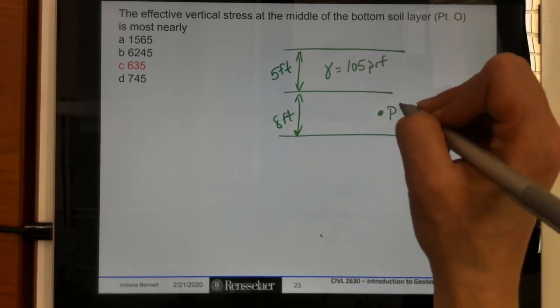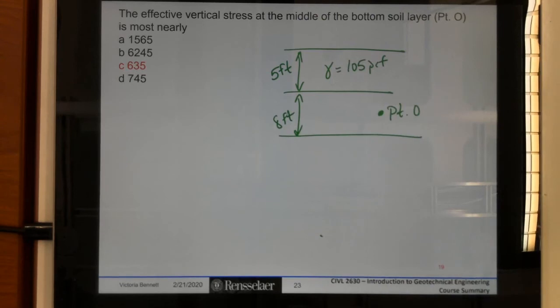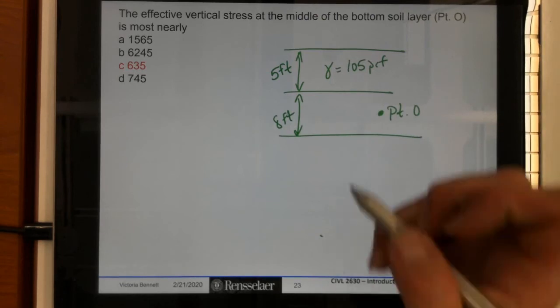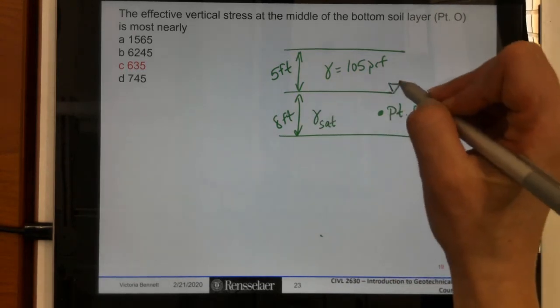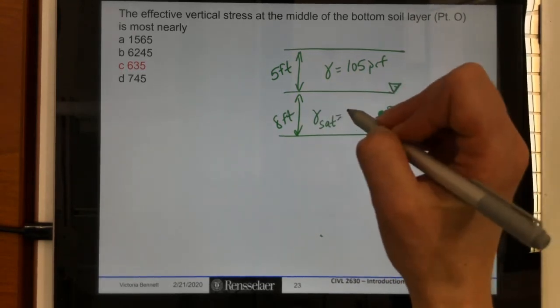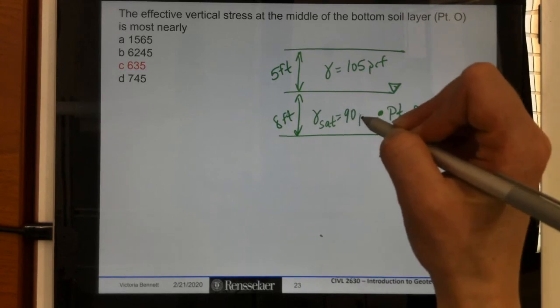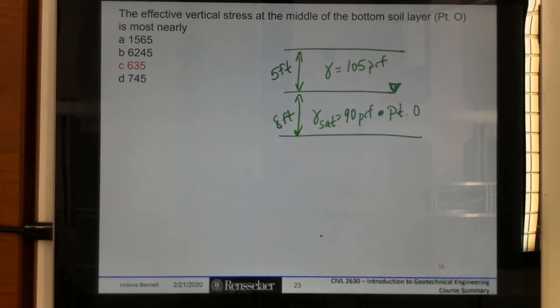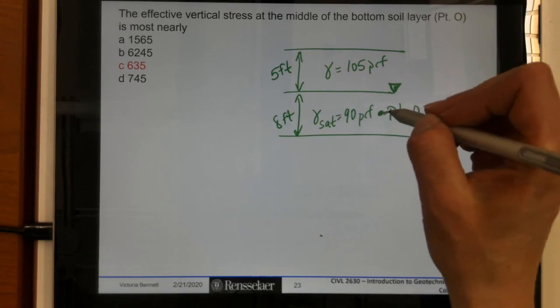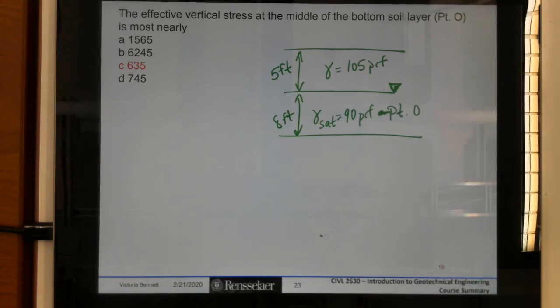They point out point O in the middle of the bottom soil layer, and they give you the saturated unit weight in this layer of 90. The water table is there. The question is the effective vertical stress at the middle of the bottom soil layer. So at point O, what is the effective stress?